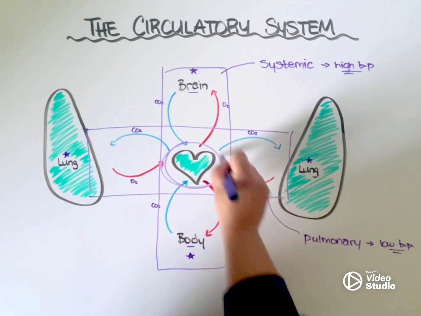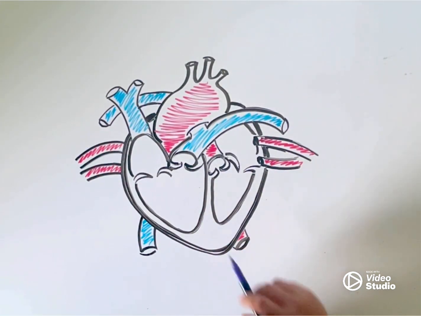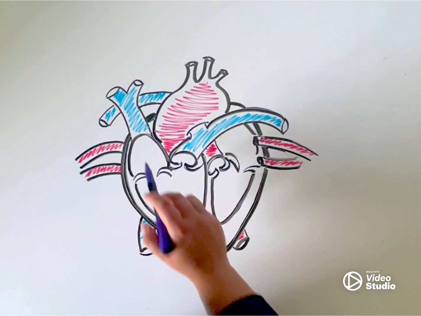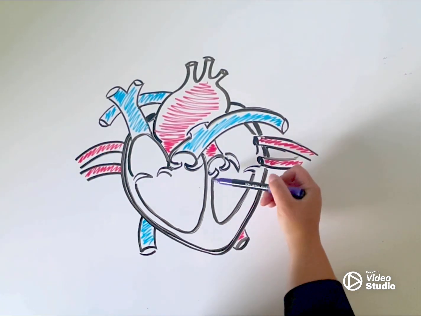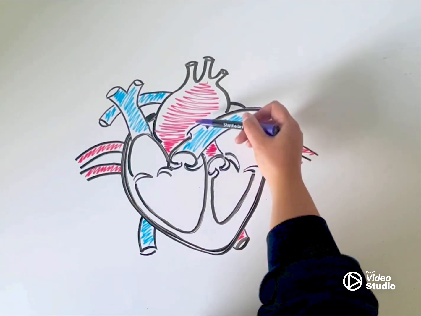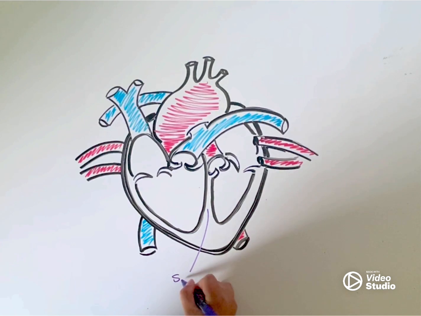Now let's zoom into this primary organ, the heart, to see what's going on here. So as you can see, the heart actually consists of 4 separate chambers. And the labeling can get a little bit confusing at times because technically we can divide the heart into a left side and a right side, divided by this wall of tissue here, known as the septum.